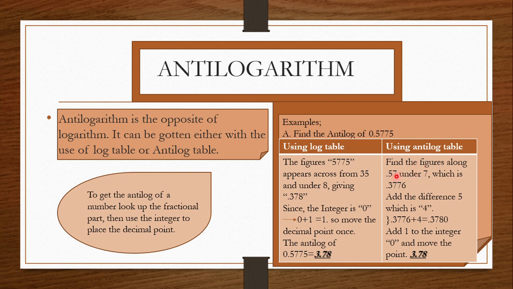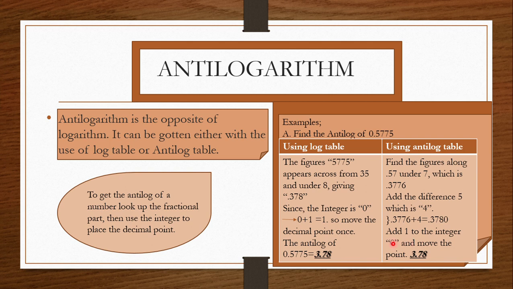The figure along 57 under 7 is 3776, and adding the difference 5, and the difference 5 here is 4. So if you add the difference 5, it is 3776 plus 4, that's 3780. That's 0.3780. Add 1 to the integer. Our integer here is what? 0.